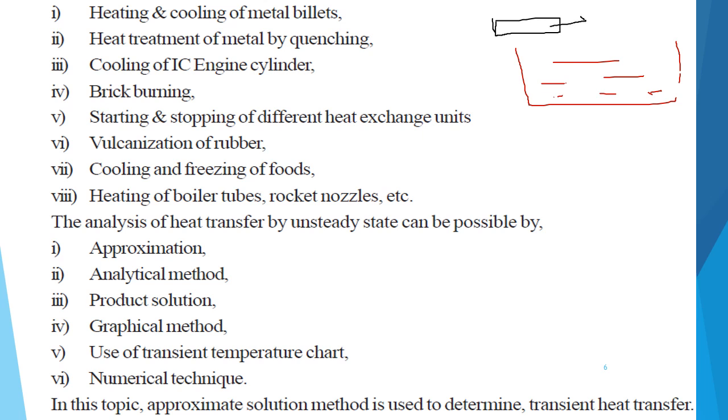So this rod that is at 300 degrees Celsius, and this water or brine solution at 30 degrees Celsius, and we are inserting the rod into the solution. So it is called an unsteady state heat transfer case.